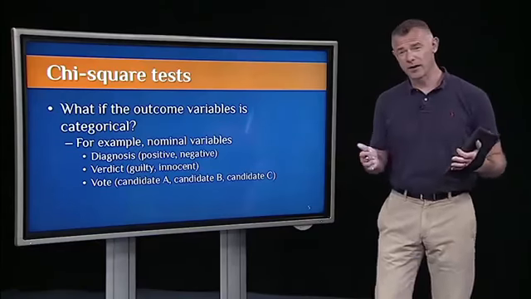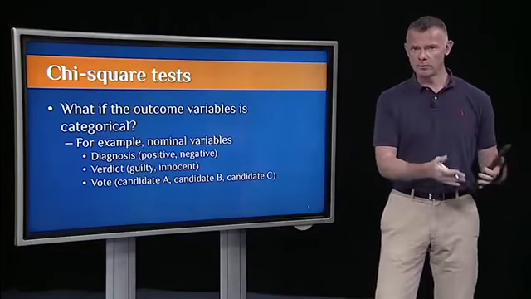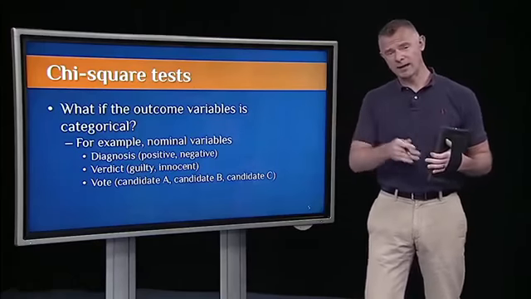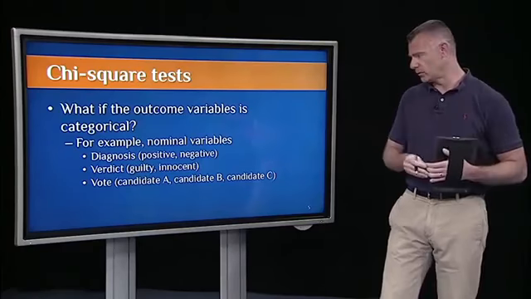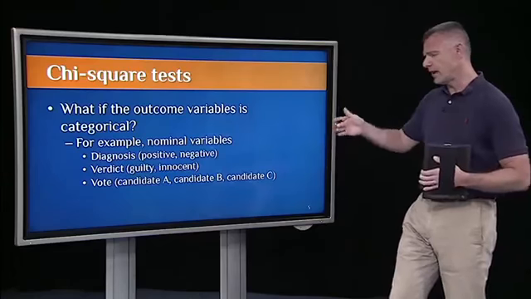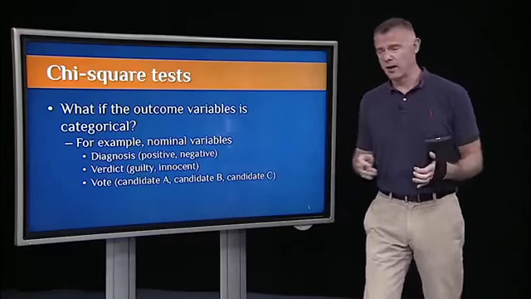Another place where this is very common is in election polling. When we poll before important elections, we want to know which candidate a voter is going to choose, candidate A, candidate B, candidate C, and so on. Again, those are categorical outcomes.